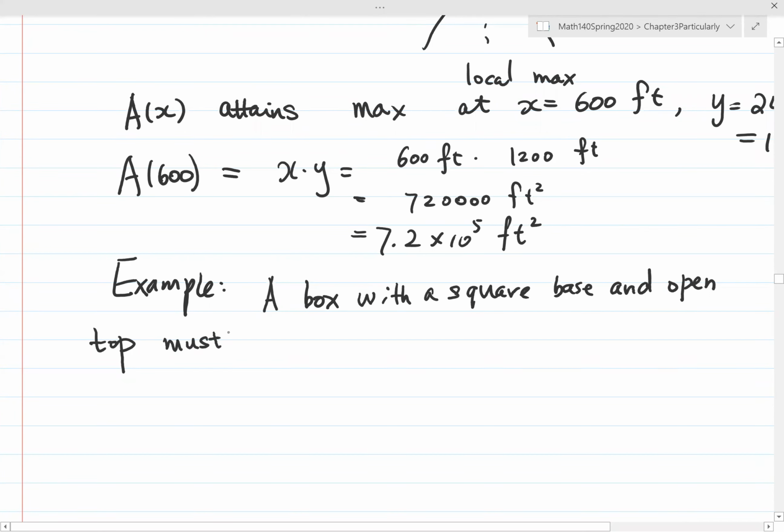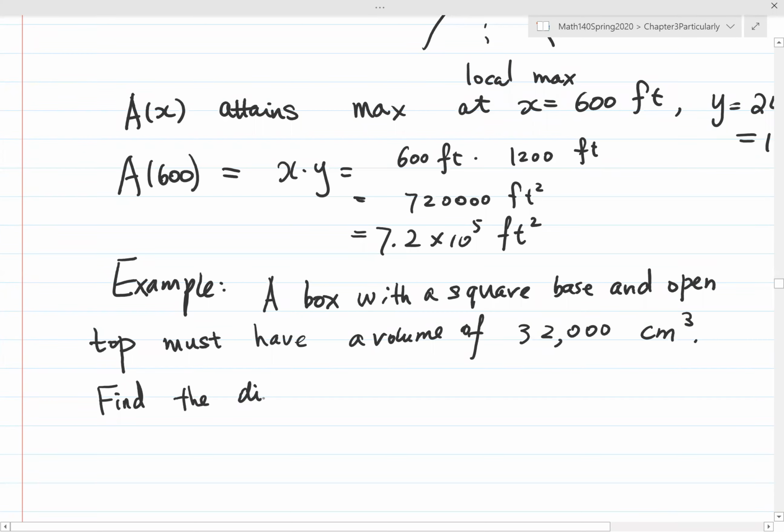We want this box to have a fixed volume for some purpose. It must have a volume of 32,000 centimeters cubed. Now we want to find the dimensions of the box such that we minimize its material.